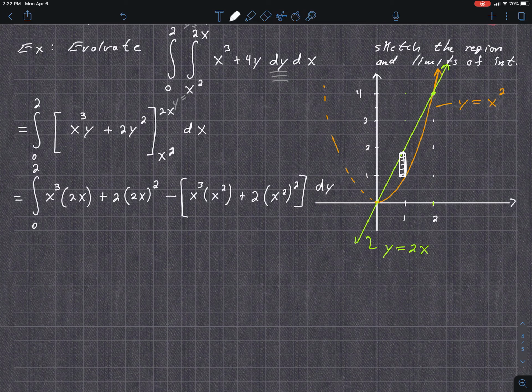And then you say dy. So then you want to simplify that completely. So you're going to get x to the 5th plus 2x to the 4th. Simplify it.